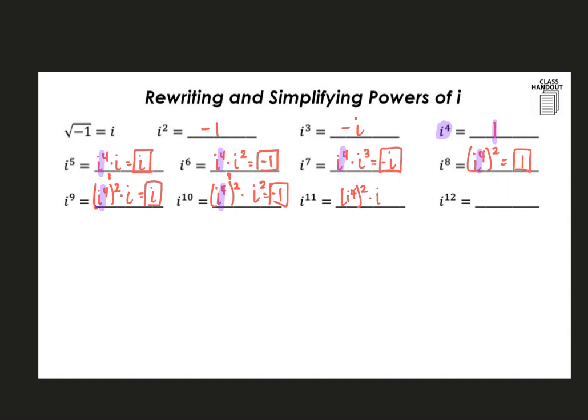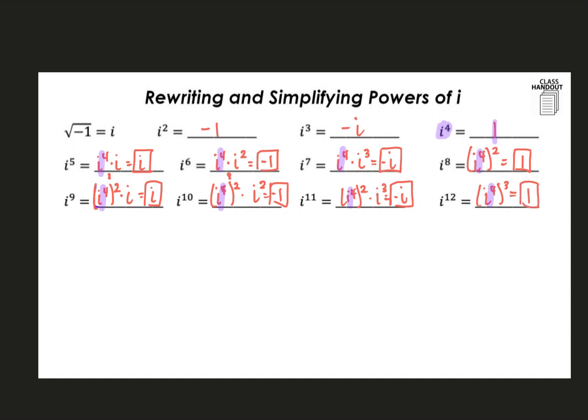To get to 11, we need 3 more i's, so i cubed, and i cubed is -i. And then lastly, i to the 12th, we know that 4 goes into 12 3 times, and we know that i to the fourth is equal to just 1, and 1 cubed is equal to 1.